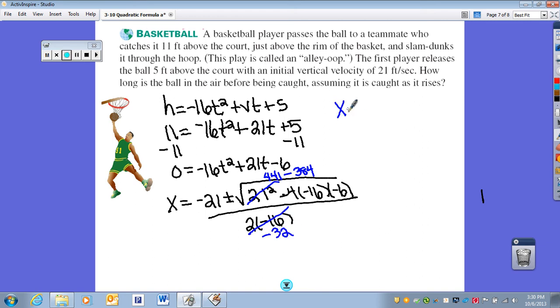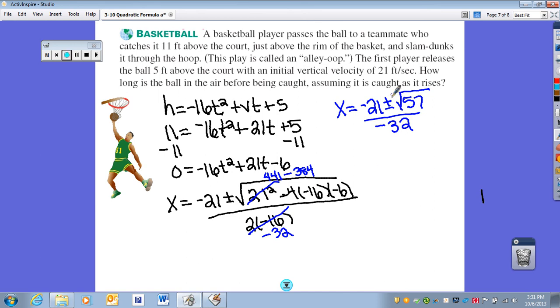So we actually have x is equal to negative 21 plus or minus the square root of 57 all over negative 32. Be careful when you put this into your calculator so that you tell the calculator that you want it to complete the numerator problem first, and then you're going to divide that answer by negative 32.